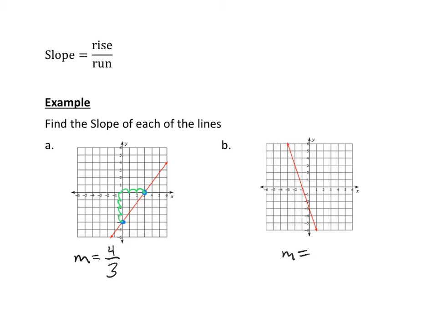In example B, I know the slope must be negative because we're going down a ramp. We want to then look for 2 points where it meets the graph perfectly. So I would say we're meeting the graph perfectly right here at this point, and then perhaps right here at this point.